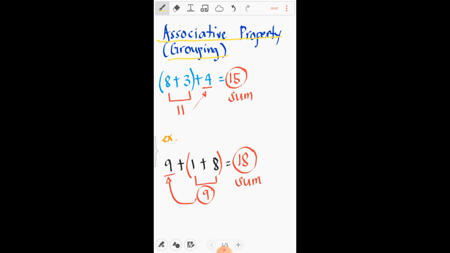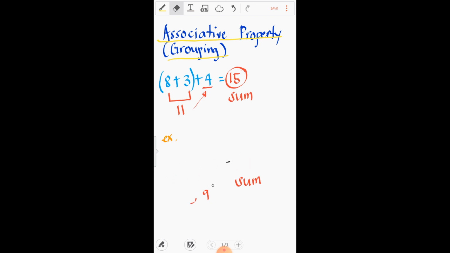Again, why grouping, Ma'am Doreen? It is called grouping because we group numbers together until we get the total, or until we get the sum. Is it clear? Okay, if it's clear, then try to do this on your own.